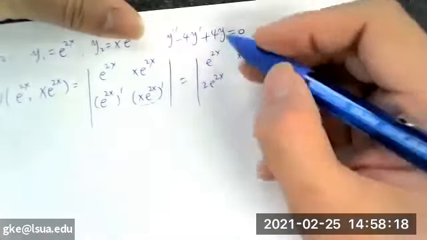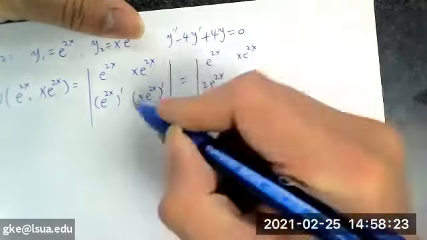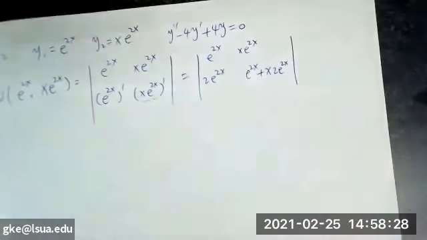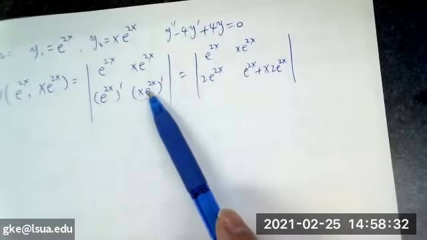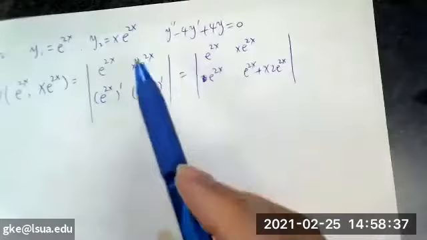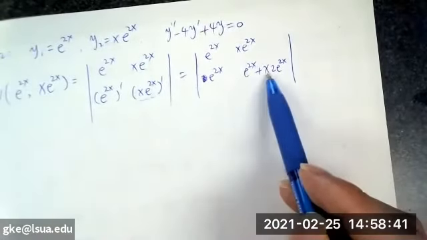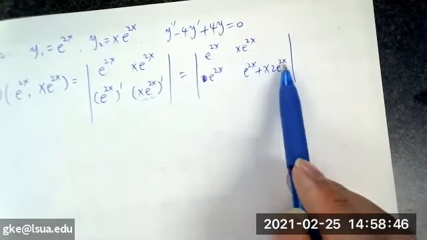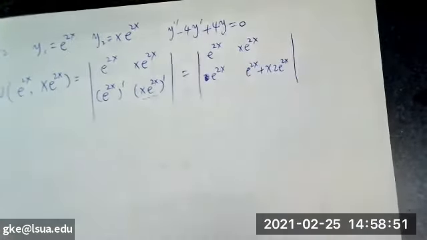Oh, sorry, the product rule: you do the derivative for the first term, you get 1, and then the derivative for the second term, you get 2 times e to the power 2x. Now we can combine the terms.